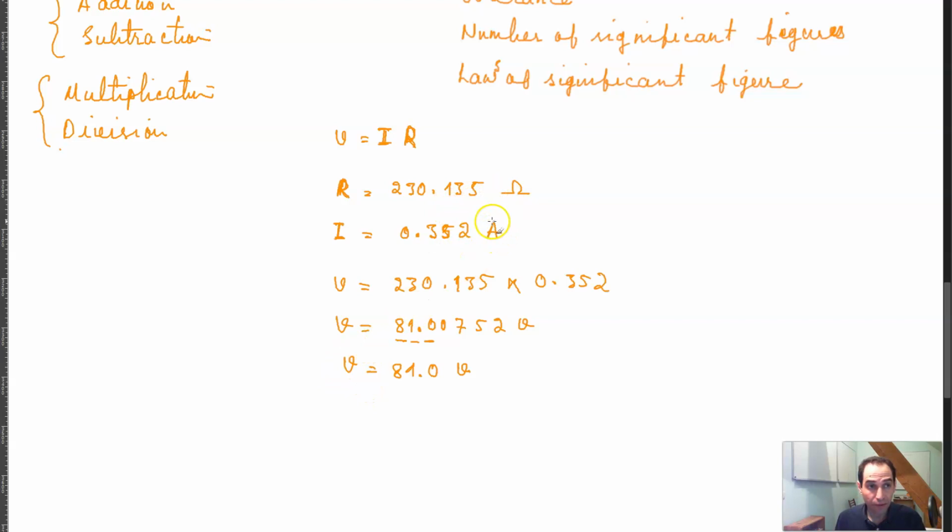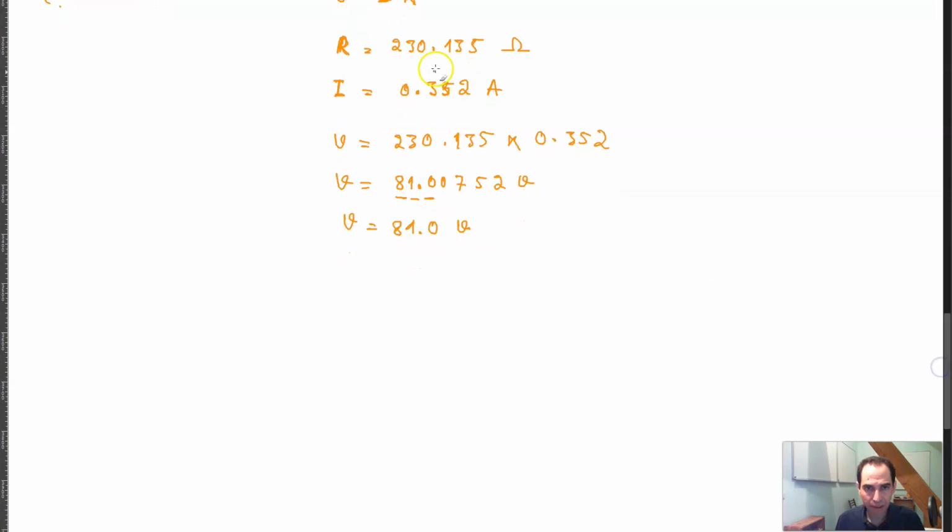Now, about why this number has only three significant figures although there is a 0 over here that I'm not counting: when I write 0.352, this 0 is just a placeholder.